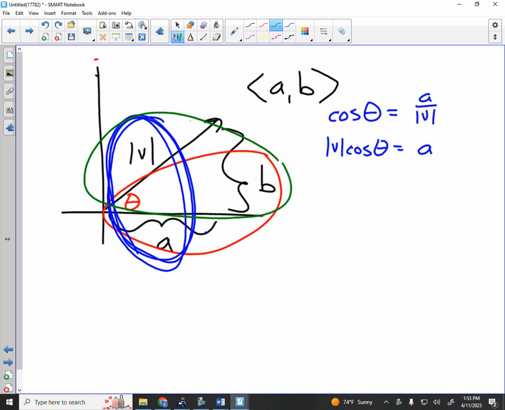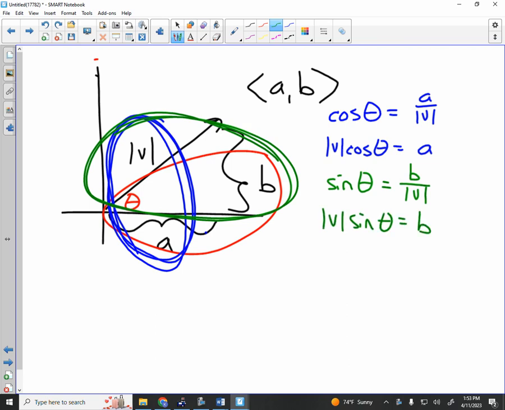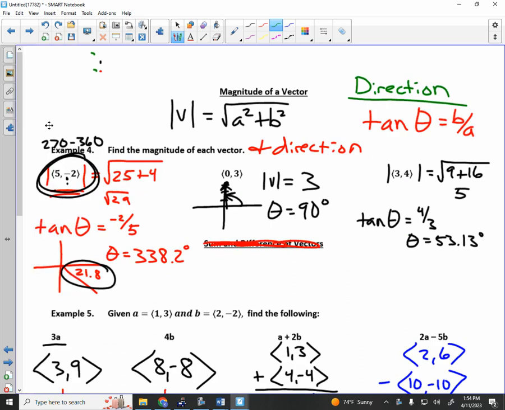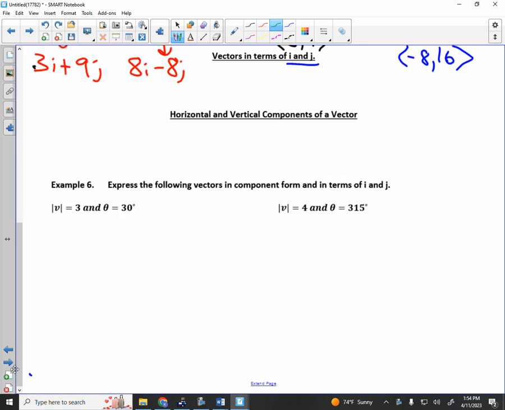Then you have sine. So sine of theta is going to be B divided by the magnitude of v. Magnitude of v times the sine of theta is equal to B. So, that's what we want to do for our horizontal and vertical components.